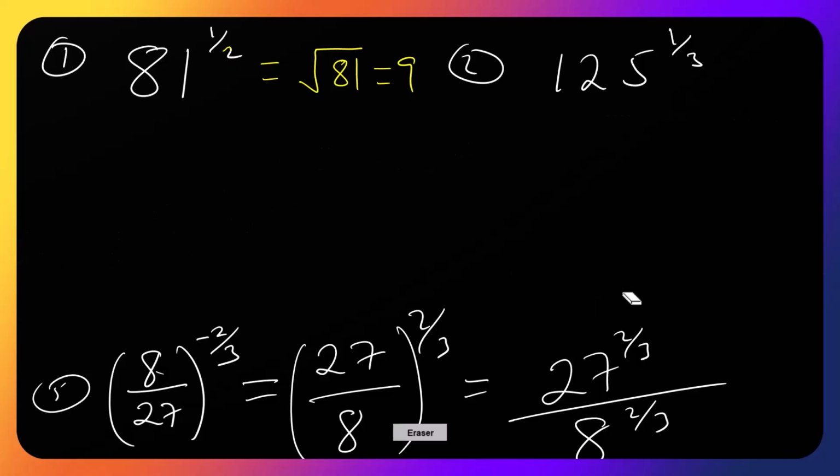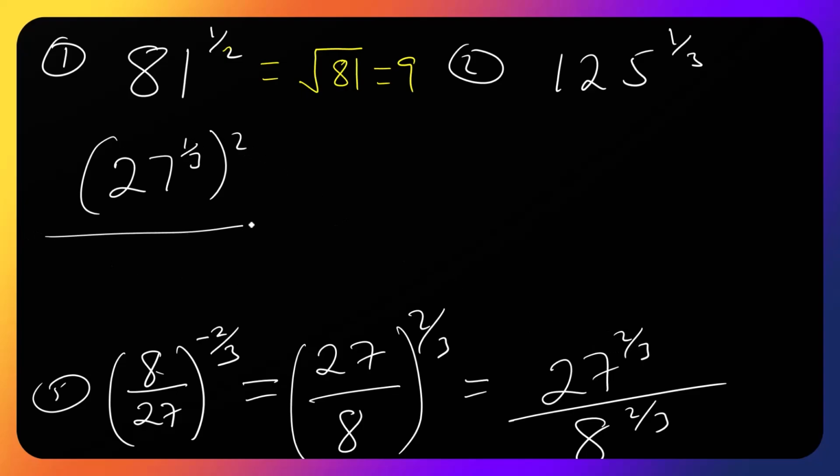If we want to go by the fraction index, remember this one is 1 over 3 all squared. So we can write this as 27 exponent 1 over 3 all squared. The 2 is outside here. In going back, 2 times 1 over 3 will give us 2 over 3.